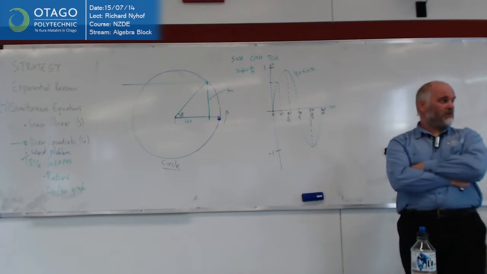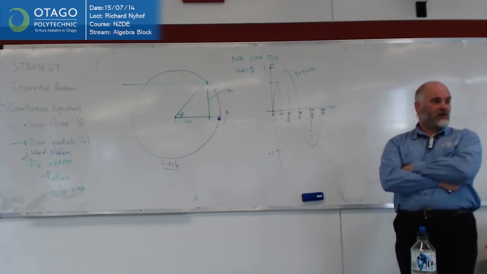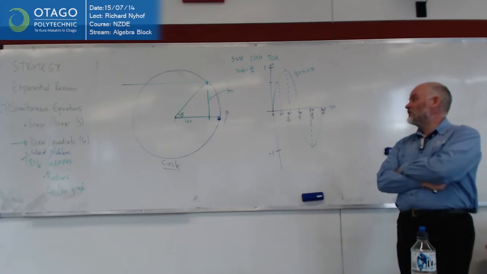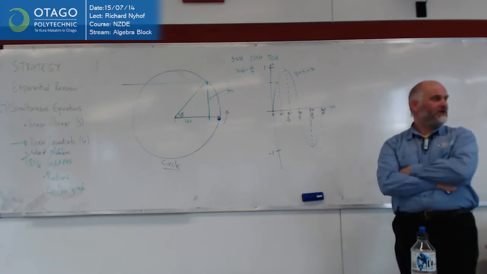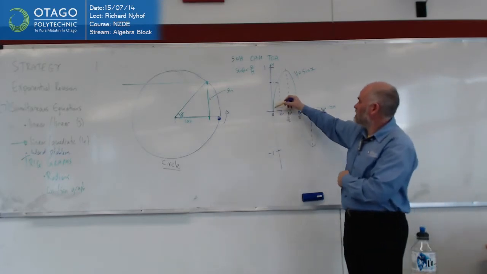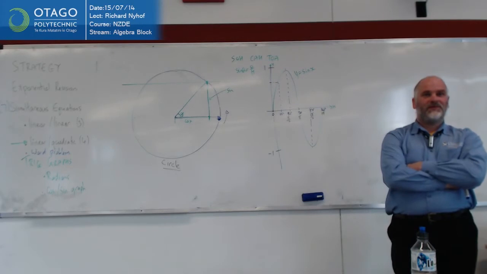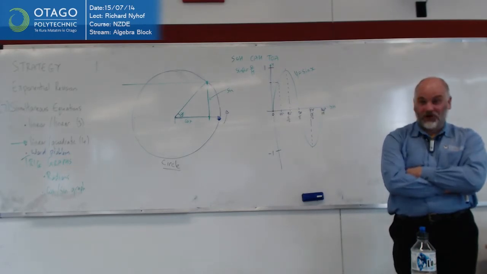Okay, can anyone give me exactly what it is? How far up exactly is it? Use your calculator. What have I just been telling you? What's this curve? Sine 45, exactly.